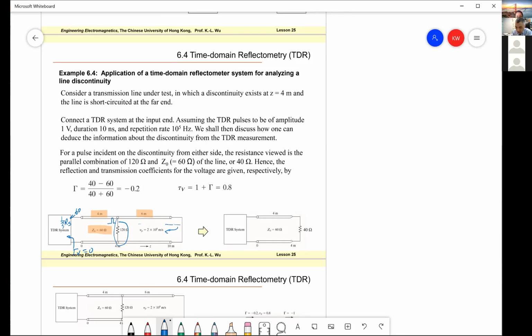So this is equivalent to this system. I have this transmission line, this 120 ohms in shunt with 60 ohm. What's that equal to? So that is 60 times 120 over 60 plus 120.